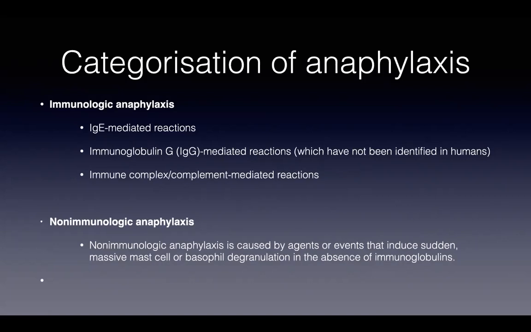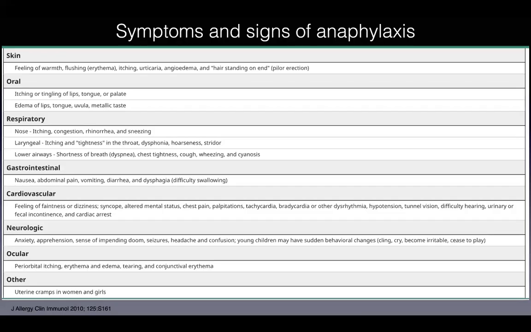Non-immunologic anaphylaxis is usually caused by agents or events that induce sudden massive mast cell or basophil degranulation in the absence of immunoglobulins. Here also, under non-immunologic, the majority of drug induced anaphylaxis comes.